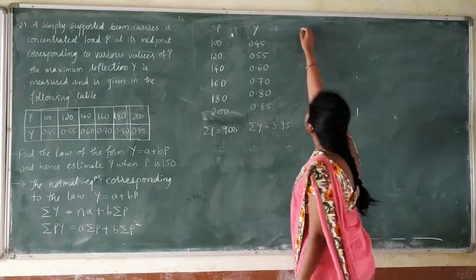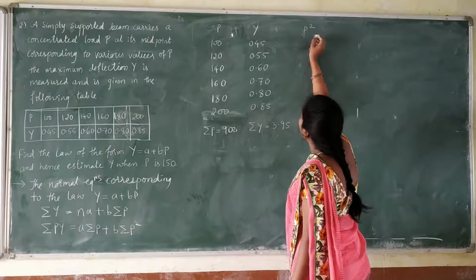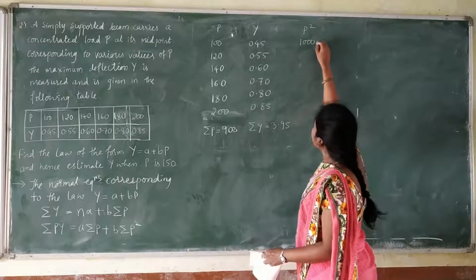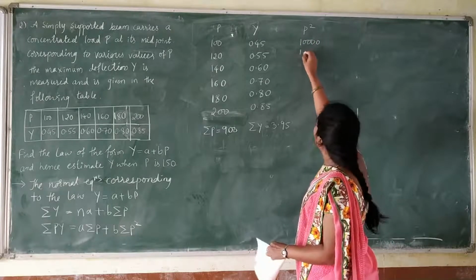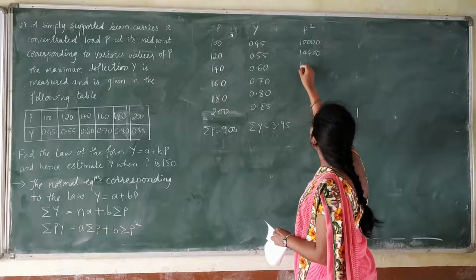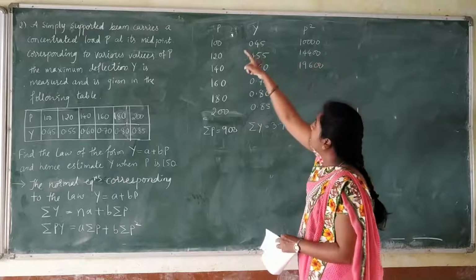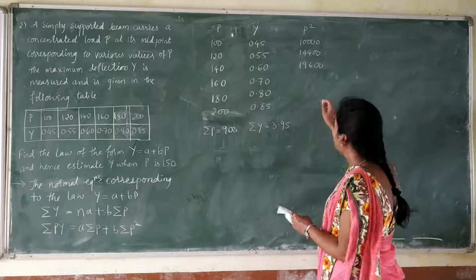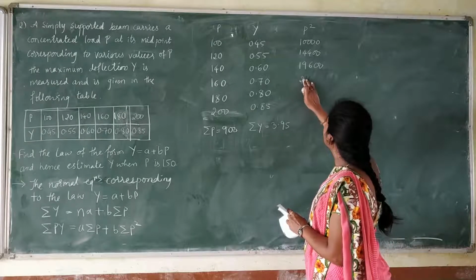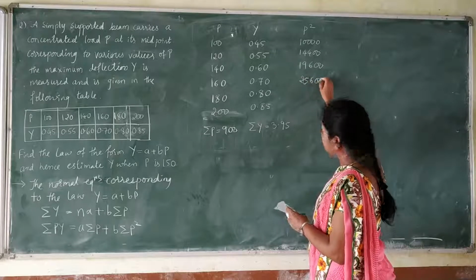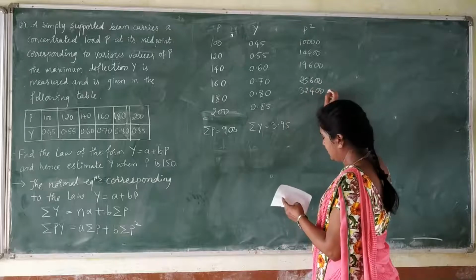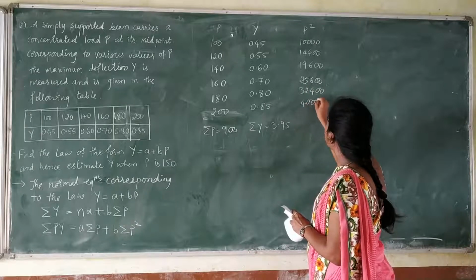Next we will find P square. Whatever P values we have, square them: 10,000, 14,400, 19,600, 25,600, 32,400 and 40,000.